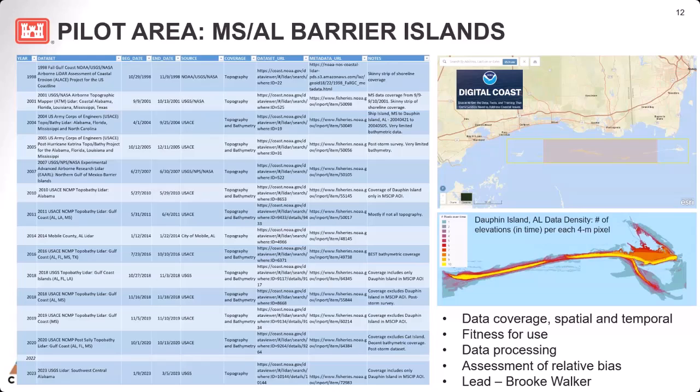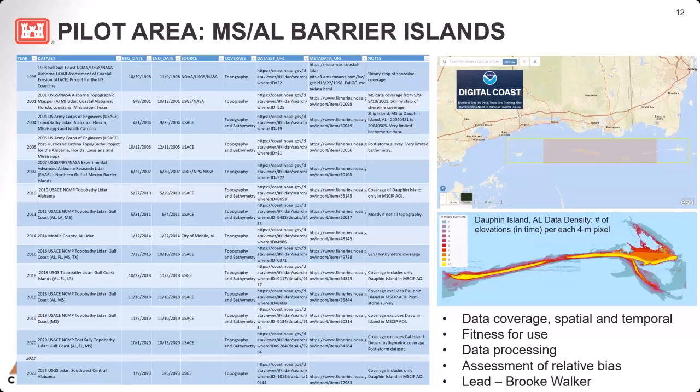We're looking at whether there might be some data processing, for example, a data transform that we have to do to bring this data set in alignment with all of the other data sets available. And then we also want to have a look at the relative bias that might exist between these data sets. And so what you're looking at there from Dauphin Island, I really like these data density plots.